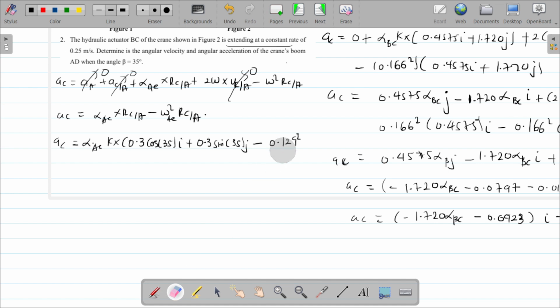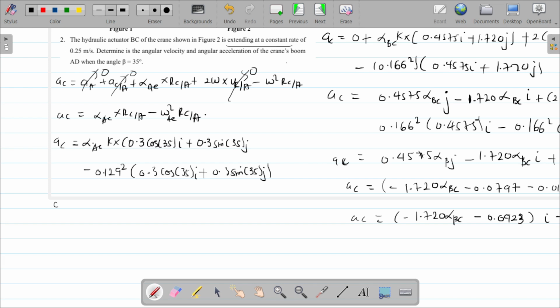Let me bring that down. So minus 0.129 squared multiplying r of C relative A, which is 0.3 cos 35 I plus 0.3 sin 35 J.